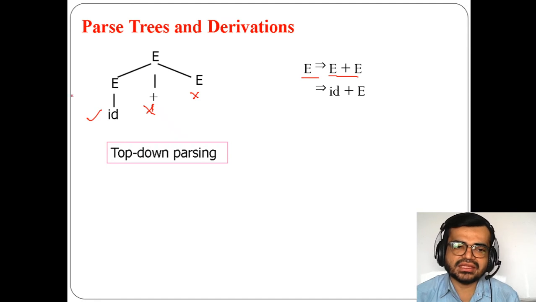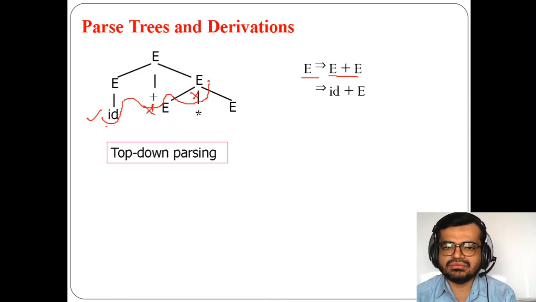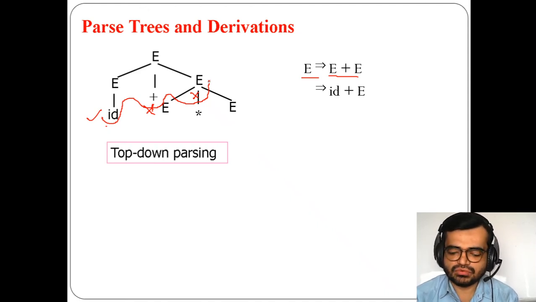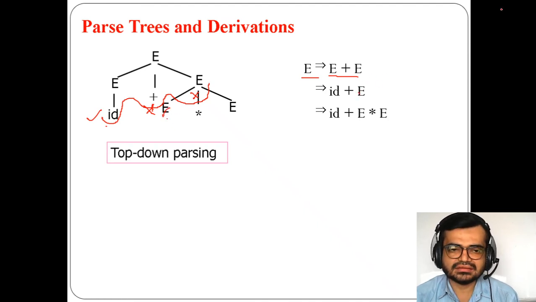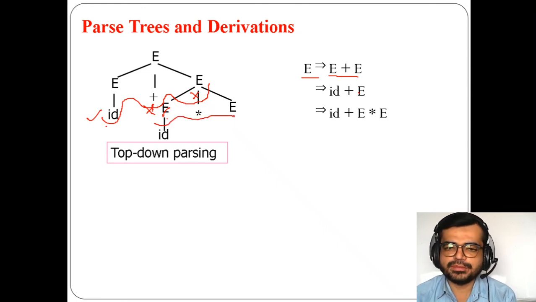That is why E stands for ID plus E. ID plus E. Again, you know what will happen, E is what, E into E. So here you got E, here you got E into E. So in that way you are performing.